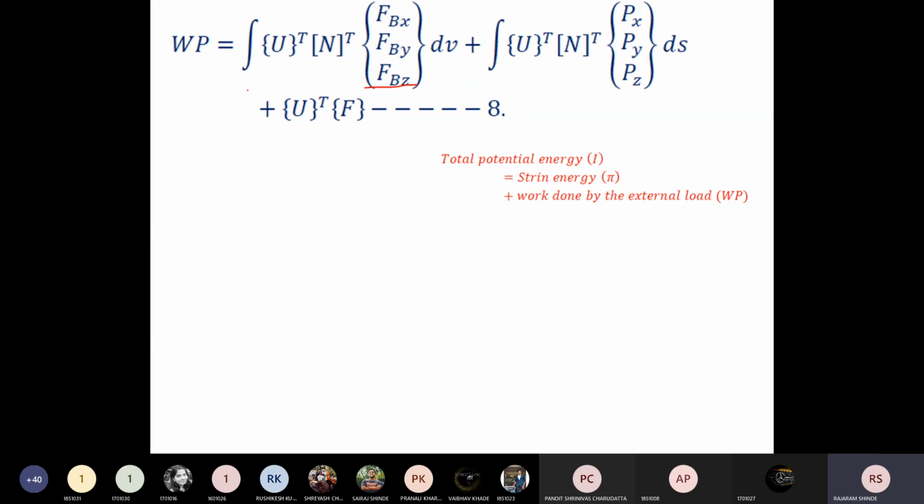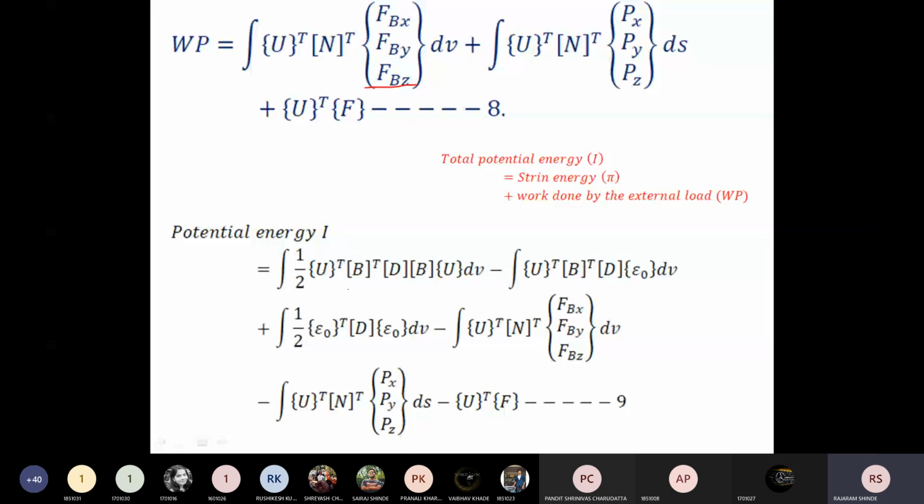This is your work done by external forces, and we have already derived the strain energy equation. Up to here you have strain energy, that is u transpose B transpose D B u dV, u transpose B transpose D epsilon 0. Here we have derived this one, and I have subtracted work potential from the strain energy.